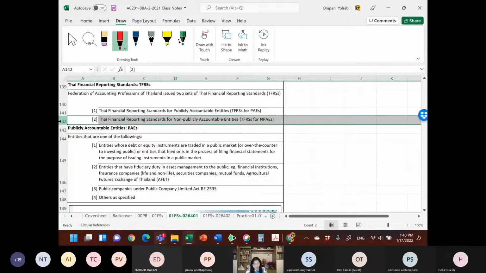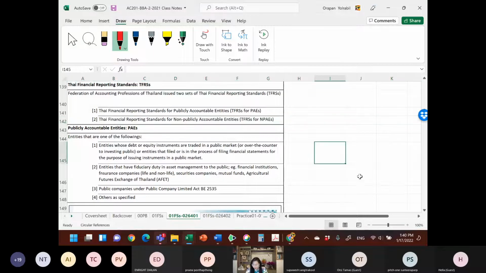So what you need to know is what it means by PAEs, and what it means by NPAEs. And then I will show you the set of standards that they would have to follow.